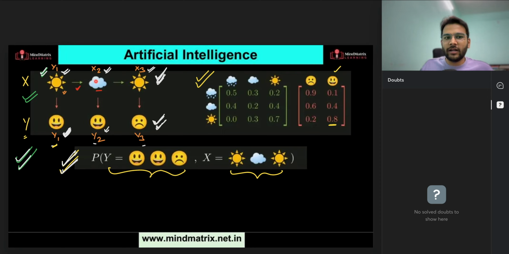This is how we are writing it. What is the probability of weather being cloudy tomorrow, given that it is sunny today? So this is how we are writing this arrow. You have to focus on these arrows. Is it clear? Let me just make it less messy so that you can clearly see everything.